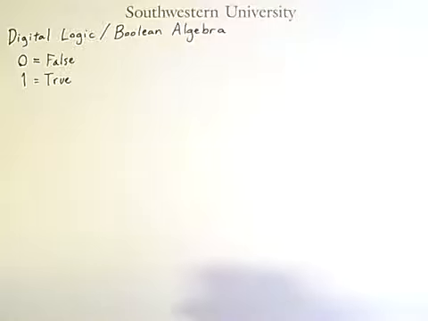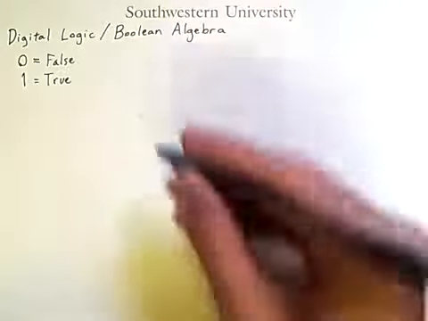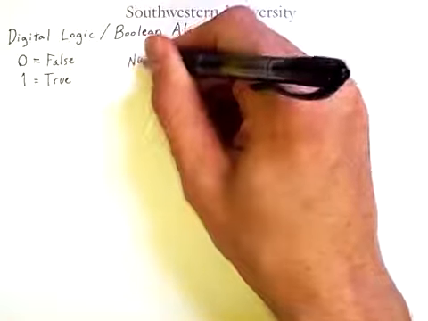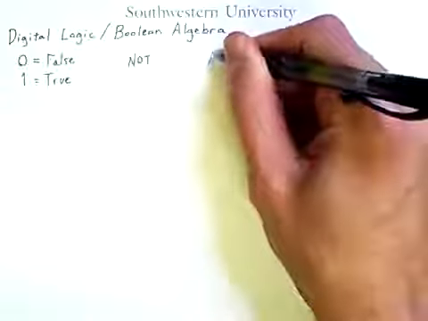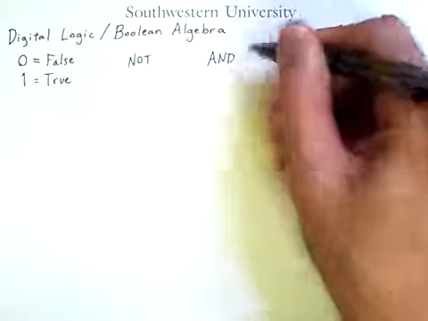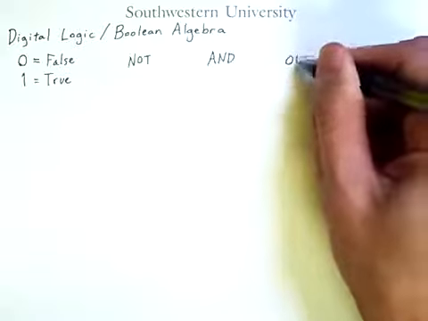and architecture. Three Boolean operations that you are no doubt familiar with from high-level programming languages are not, and, and finally, or.